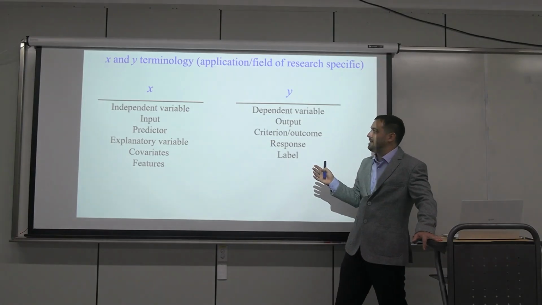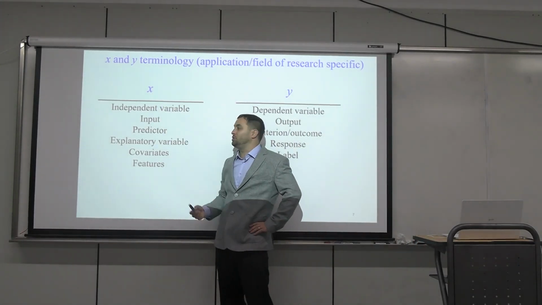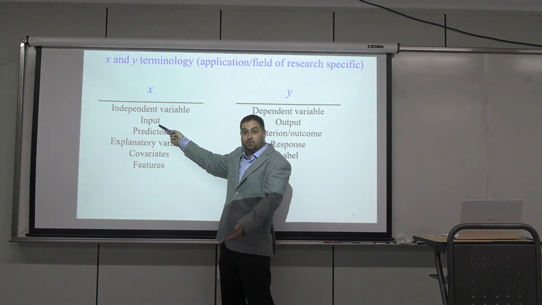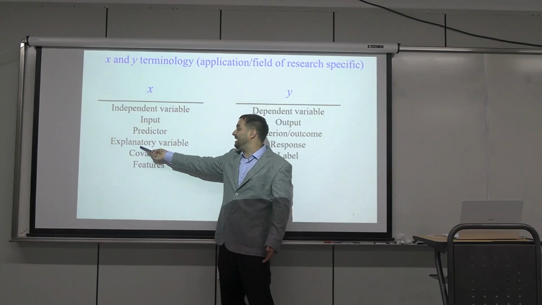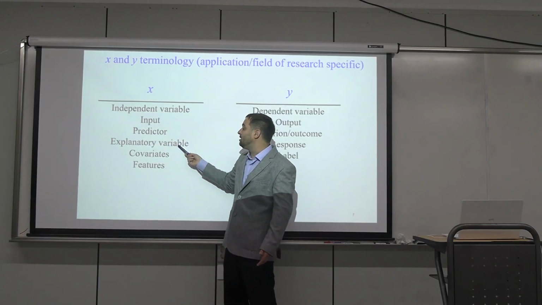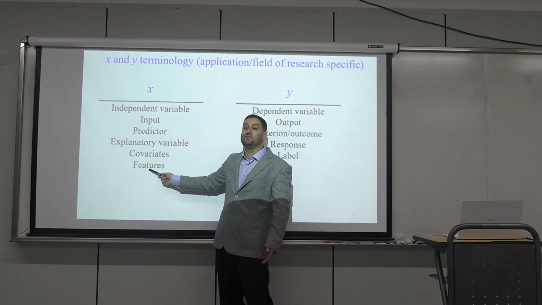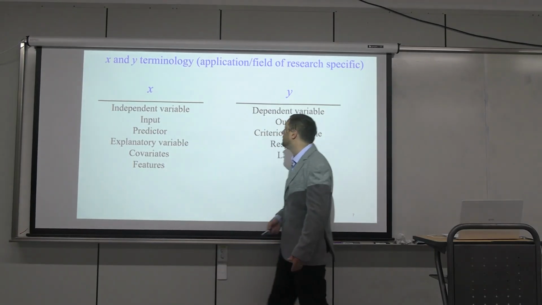Some common names for X: X is usually used as what's called the independent variable or our input parameter. Also our predictor or the explanatory variable. Sometimes they're called covariates. Also features, so these might be the features of the input space.